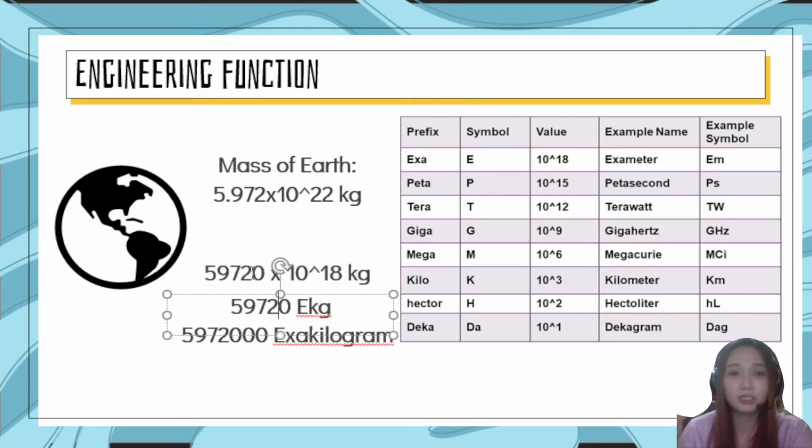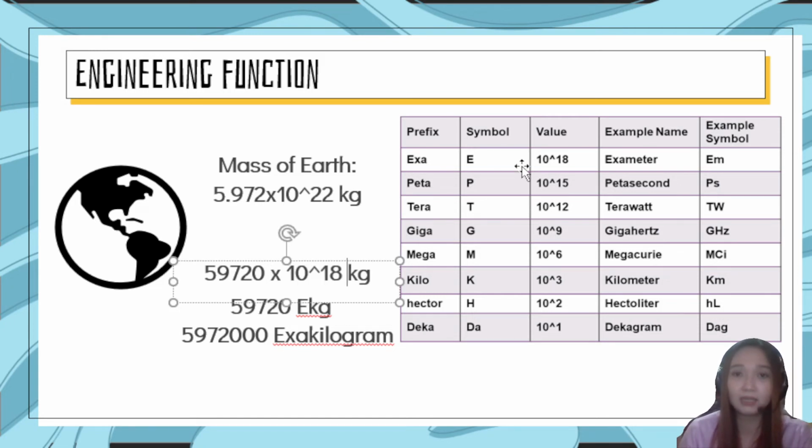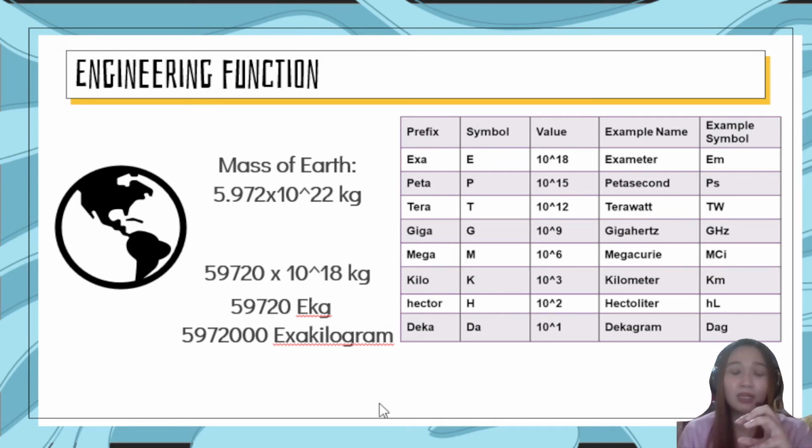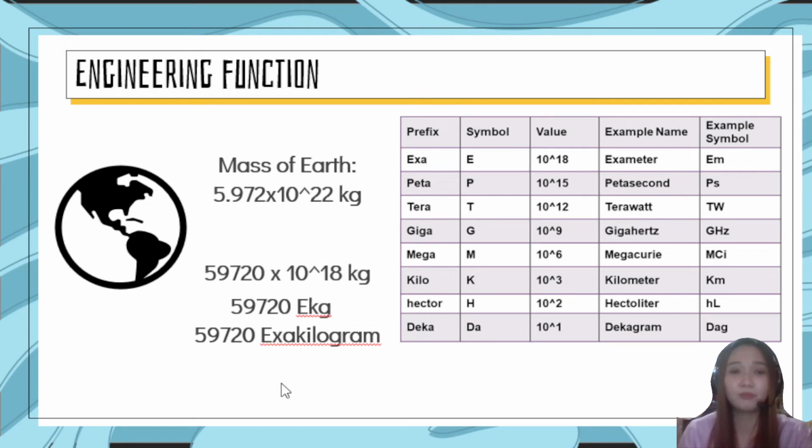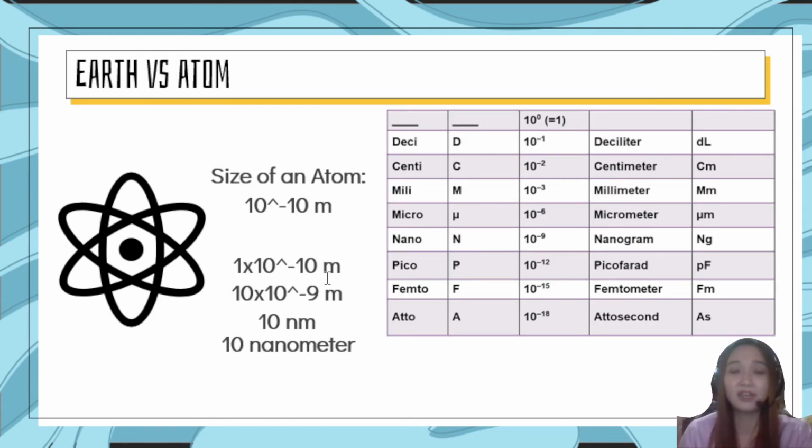So, since engineering function na yung pinag-uusapan natin dito sa part na to, pwede nating tanggalin na yung 10 raised to 18 at palitan na lang ng symbol na E. Okay, because the symbol E corresponds that the value should be multiplied by 10 with the power of 18. Okay, so equal siya sa 59,720 kilogram.